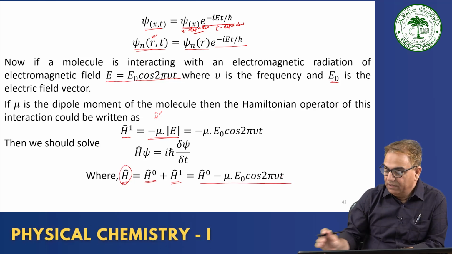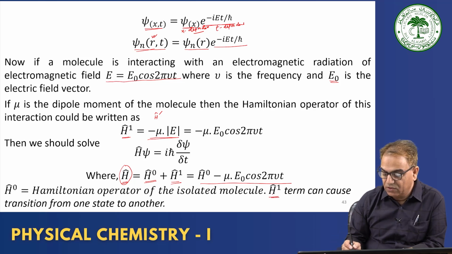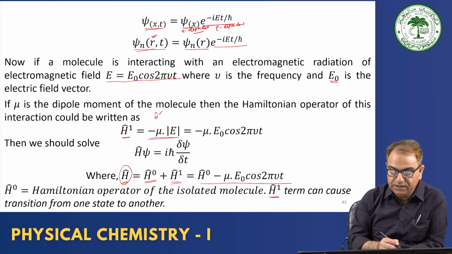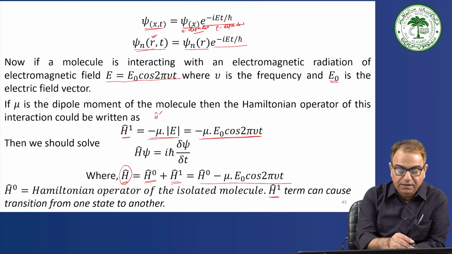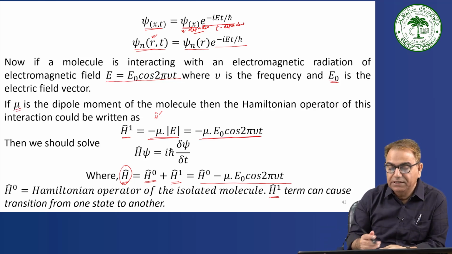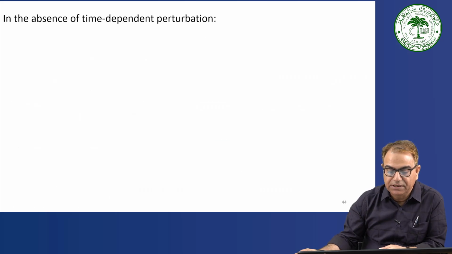Here H naught is the Hamiltonian operator of the isolated molecule, and H prime will cause what? It can cause a transition from one state to another state, because H prime, or H1 which I have written, includes the dipole moment operator, where mu is the dipole moment. So this will result in the transition of the system from one state to another state. We will see later on.